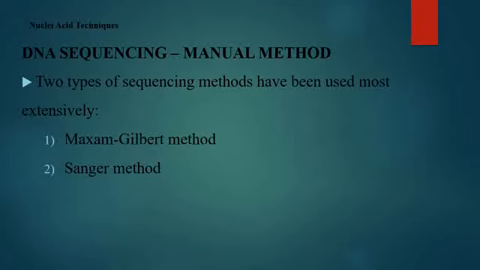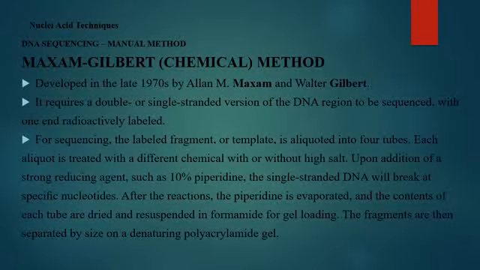Maxam-Gilbert and then Sanger. The Maxam-Gilbert method was developed in the 1970s by Alan M. Maxam and Walter Gilbert. It requires either a double or single-stranded DNA portion that is going to be sequenced, and one of the ends is radioactively labeled. For the procedure, the radioactively labeled fragment, or the template, is allocated into 4 tubes.